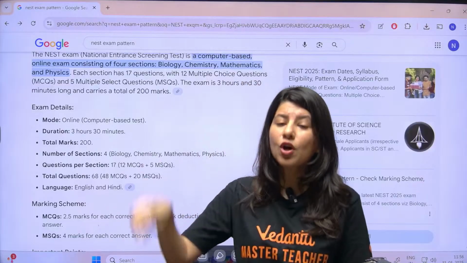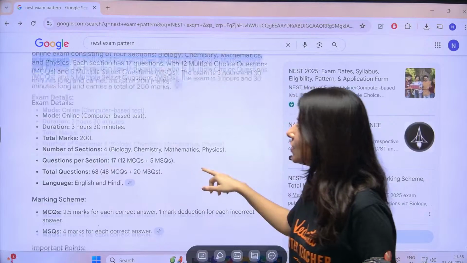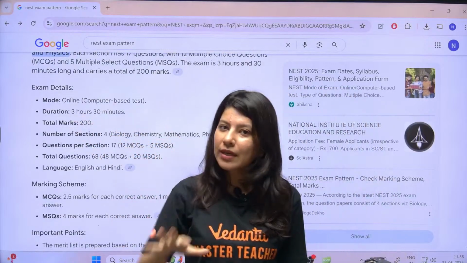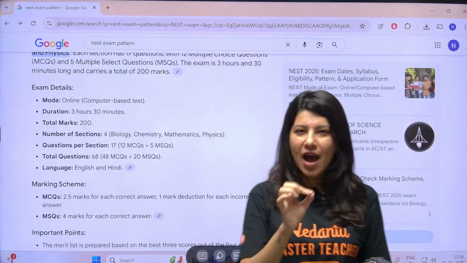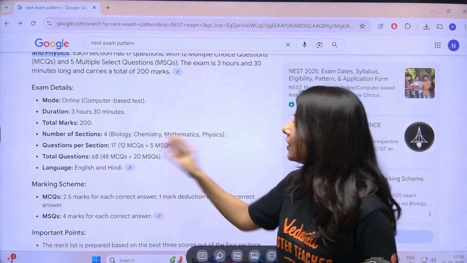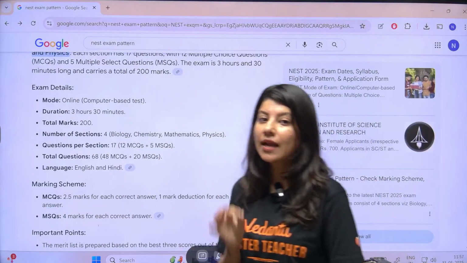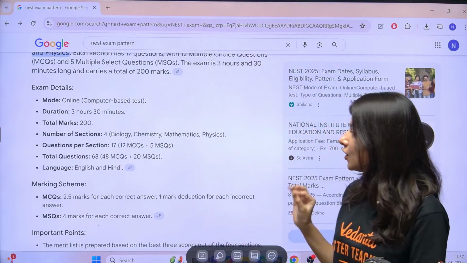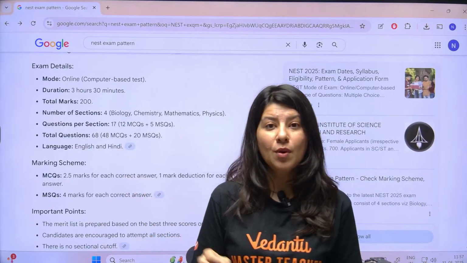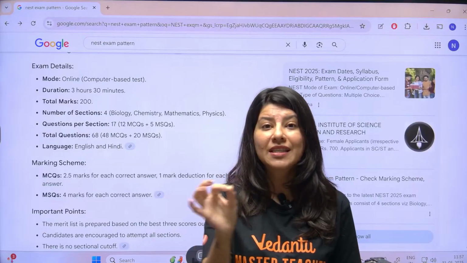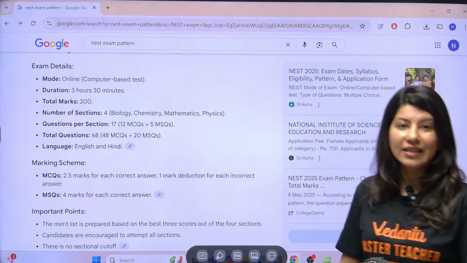So in the overall paper, you are going to get a total of 68 questions, and the time duration is not exactly similar to your JEE Main, you are going to get half an hour extra. So 3 hours 30 minutes. The total marks is 200 marks. Let us understand the marking scheme. You are going to get 2.5 marks for a correct single-correct MCQ, and if you do it wrong, 1 mark will get deducted.